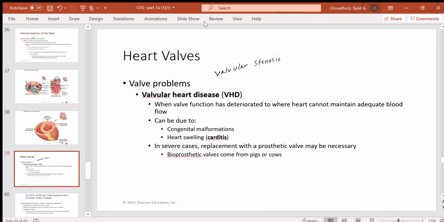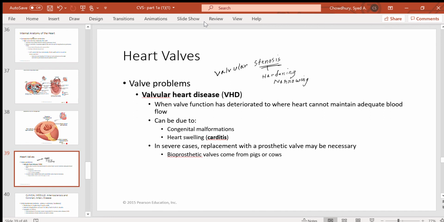Stenosis simply indicates hardening and narrowing, shrinking. So if the valves get hard and the space for blood flow gets narrow, that is stenosis.